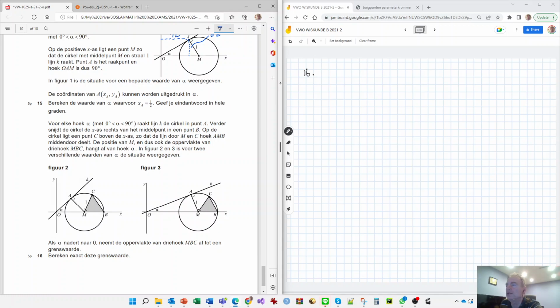The only way that can happen, since this radius is 1, is that this circle moves away, moves to the right. And then what can happen is that A approaches the top of the circle. And then I guess we see what happens with point C then.